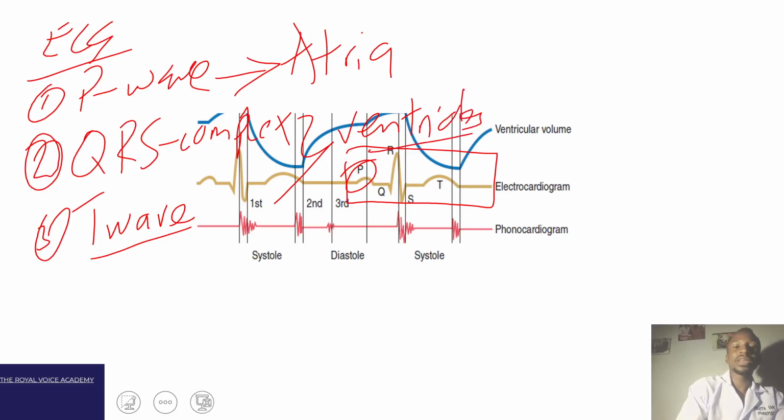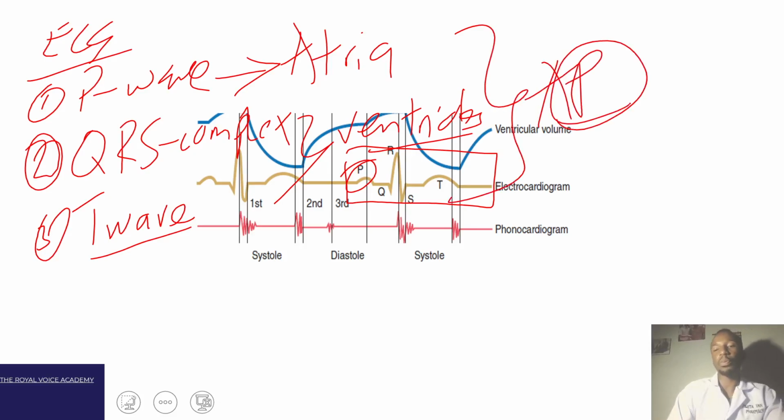All of these waves are because of an action potential developing. The P wave is an action potential within the atria. The QRS complex is an action potential within a ventricle, and the T wave is an action potential within a ventricle. Now, remember when you're looking at an action potential, you have phases.